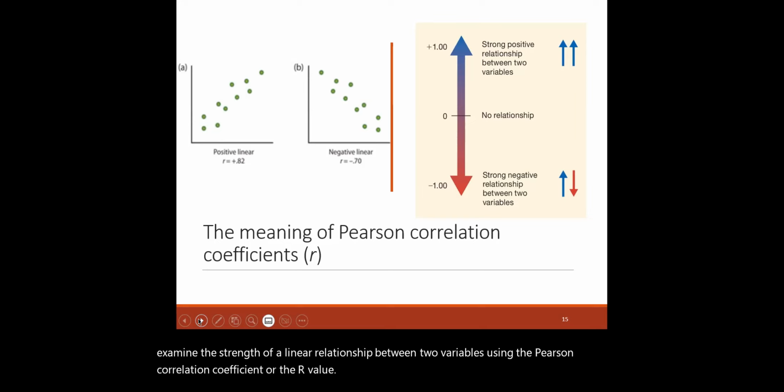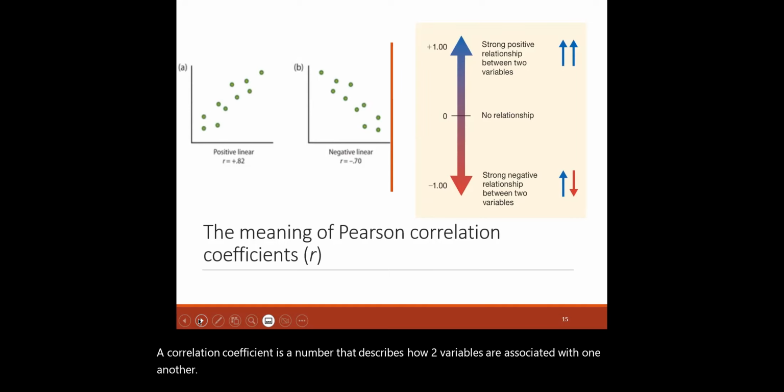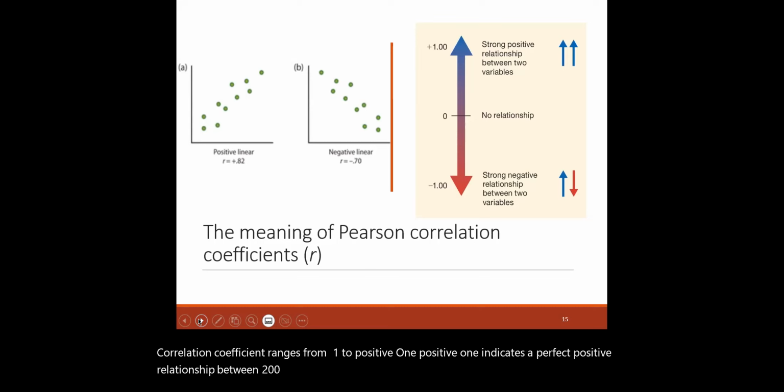A correlation coefficient is a number that describes how two variables are associated with one another. A correlation coefficient ranges from -1 to +1. +1 indicates a perfect positive relationship between two variables, while -1 indicates a perfect negative relationship. The closer the correlation coefficient is to 1, the stronger the relationship is between those two variables.